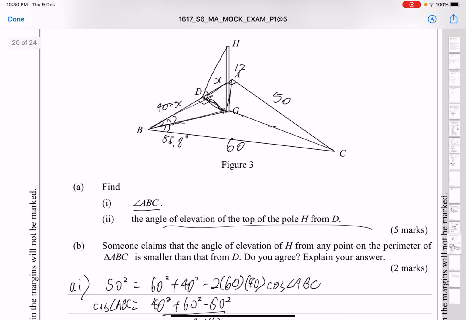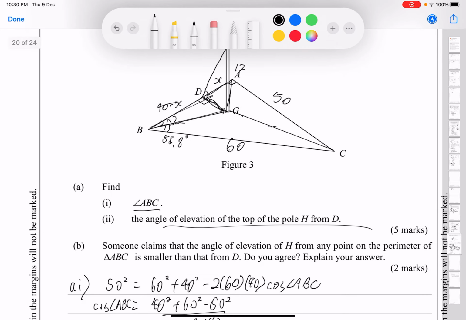So we need to write it down. This is 15, this will be 25. Quite simple now because we already get this angle, so it's very easy to find DG now.